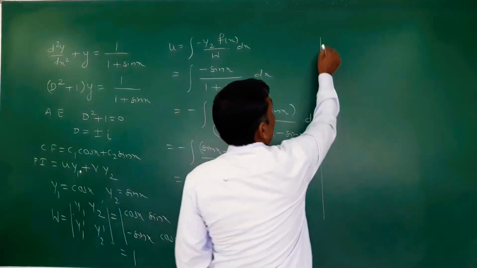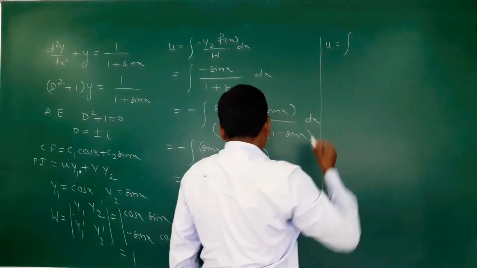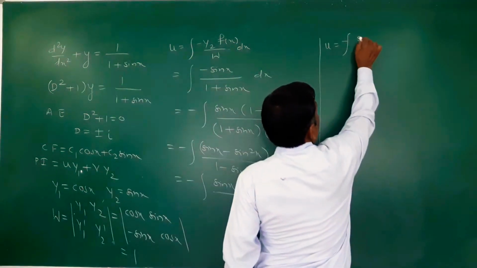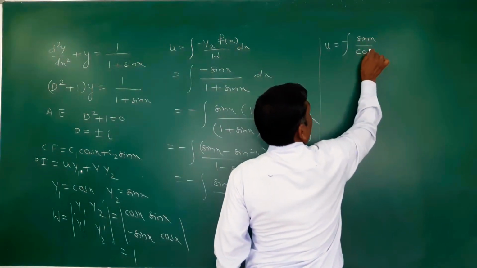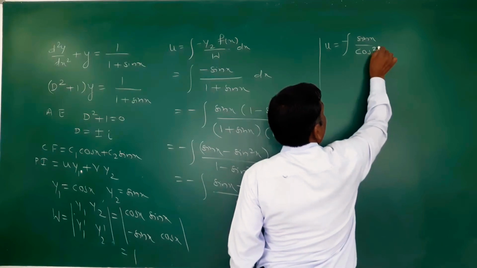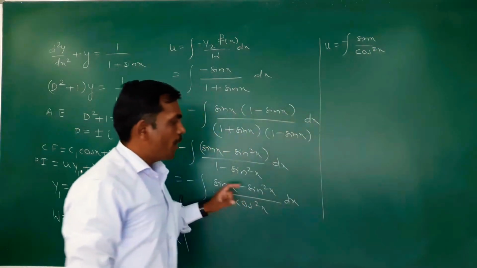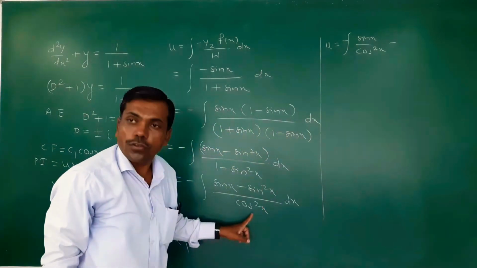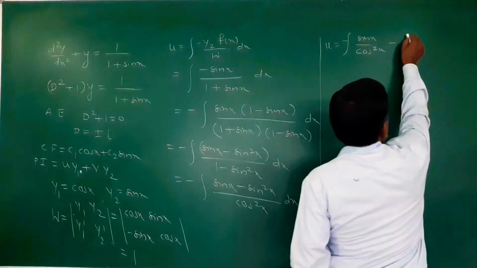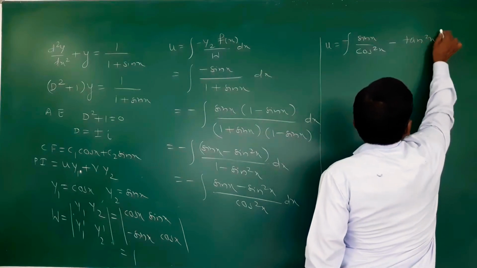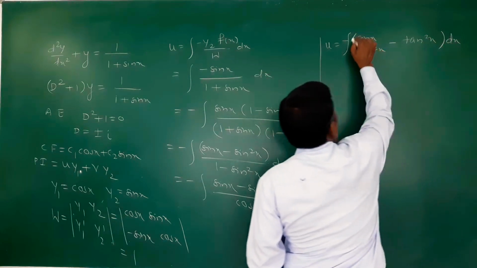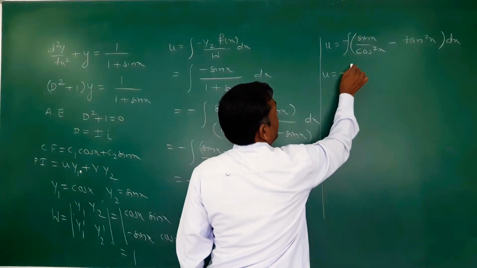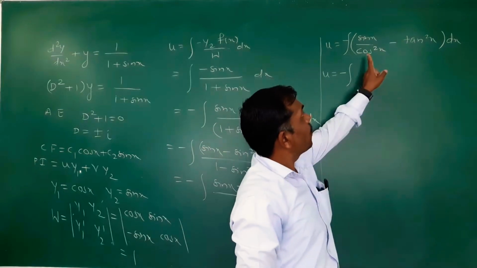So here we can write u is equal to integration of minus sin x upon cos² x, right, minus, what is the value of sin² x upon cos² x? It is tan² x, dx. Correct? Now u is equal to minus integration of, see here, cos² x.